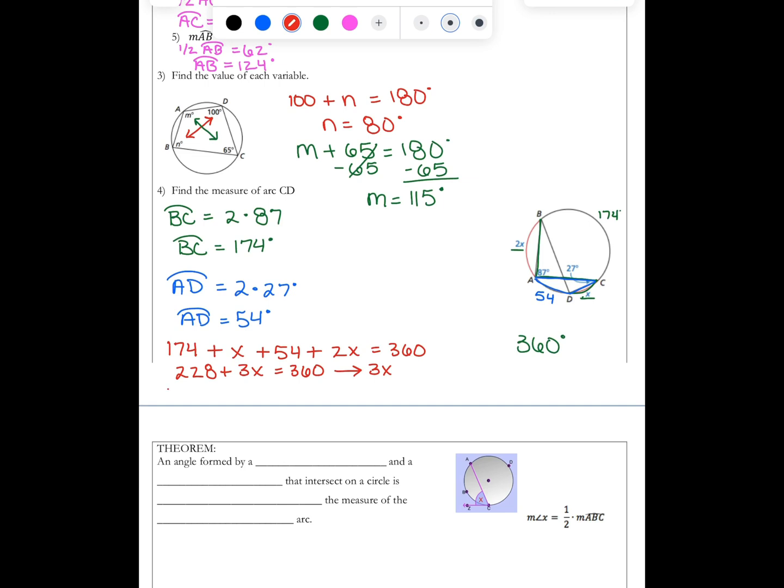If I subtract 228 from both sides, 3x is equal to 132. Then my last step is to divide by 3. So this gives me that x is equal to 44 degrees. And our x is the arc that we were originally trying to find, which is CD. So to give our final answer, we can say that arc CD is equal to 44 degrees.